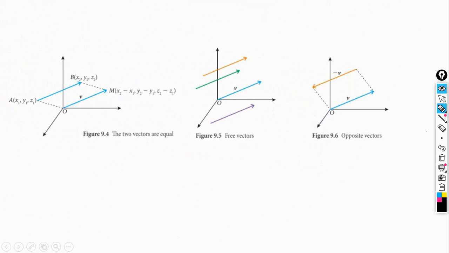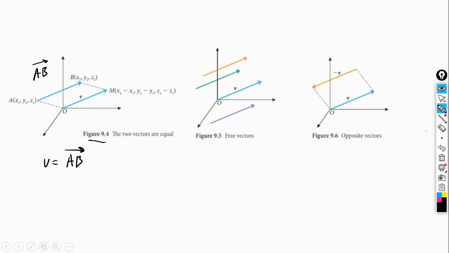Now, if you take a look at figure 9.4, two vectors such as v and AB are equal or equivalent if they have the same length or magnitude and the same direction. We would write this as v is equal to vector AB. Geometrically, two vectors are equal if they are translations of one another, as you can see here in figure 9.4.